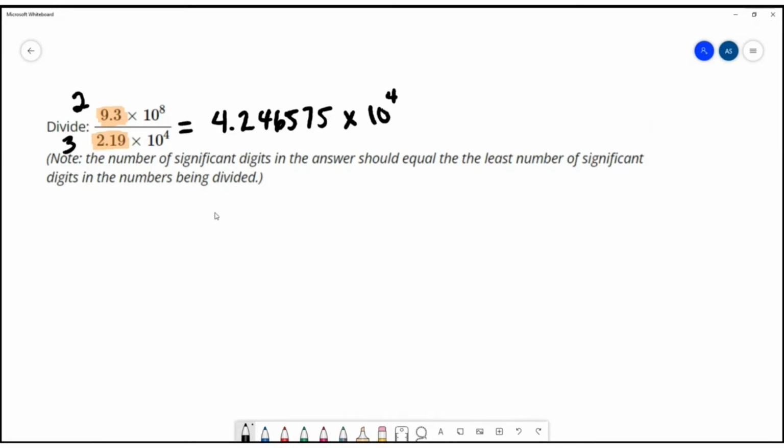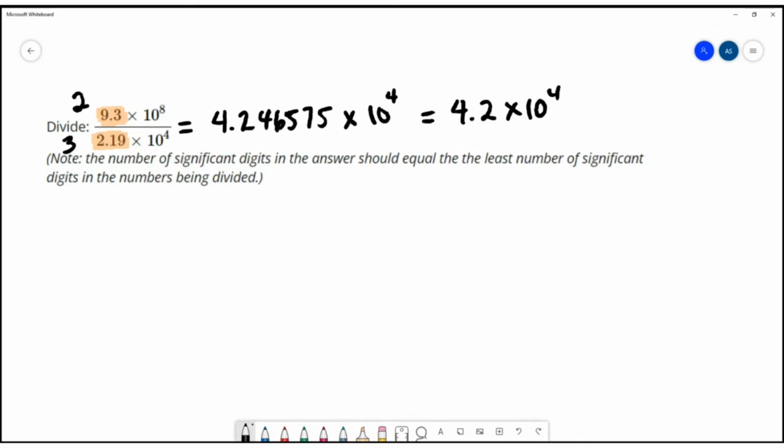So if we read this note one more time, it says the number of significant digits in the answer should equal the least number of significant digits in the numbers being divided. The least is 2, so we should only have 2 significant digits in our answer. So we're going to use these 2 digits here, 4.2. So our number in scientific notation will be 4.2 times 10 to the 4th.